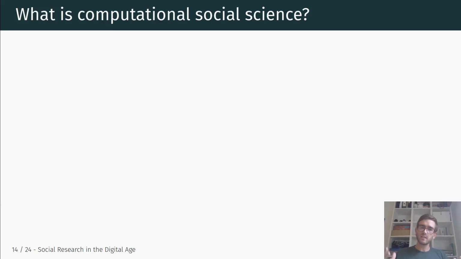So this is a key example where we have this combination of organic and design data. And this brings us back to this broader question that I started one of the first videos with, which was the question about what is computational social science, right? And back in the first video, I answered this question by saying that computational social science uses computer-based techniques to analyze the rapidly increasing amount of data produced via digital sources or currently being archived in digital form, right?